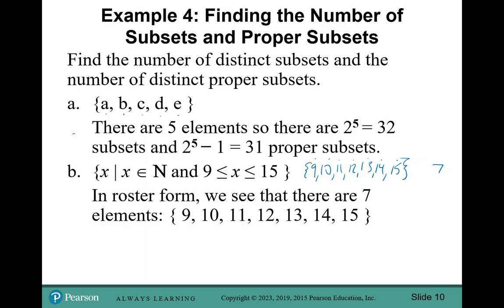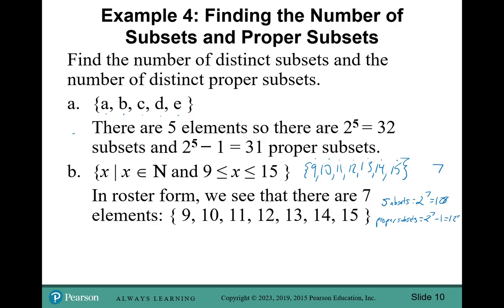If we want to know the number of subsets, we need to do 2 to the 7th power. 2 to the 7th power is 128. If we want to know proper subsets, we're going to look at 2 to the 7th minus 1.